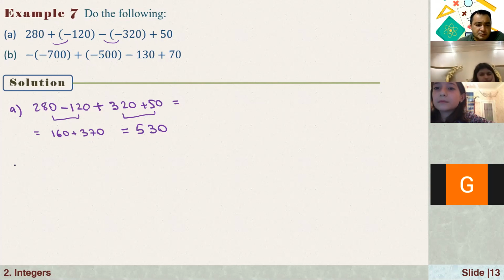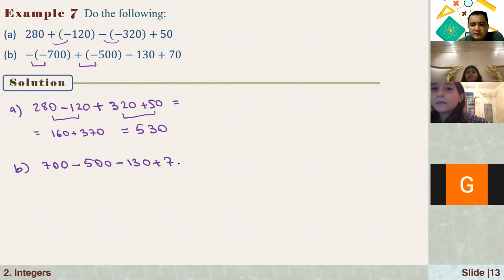And how about question B? In question B, as you see here, we have minus and the minus. So minus times minus is plus. So first we have to remove it. So here we have 700. And here we have plus times minus, that is minus 500. And minus 130 plus 70.